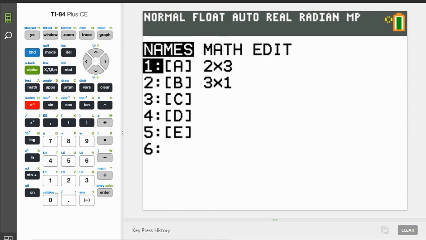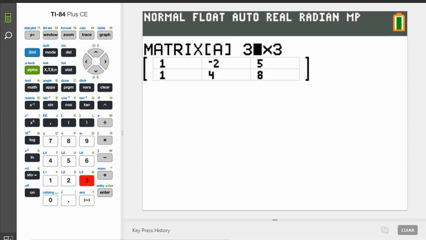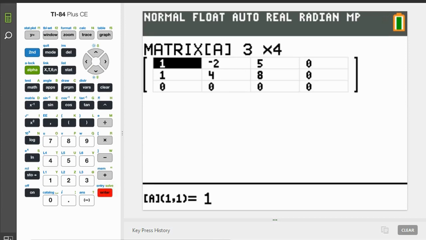So second matrix, I'm going to edit, and I'm going to want a 3 by 4 matrix.